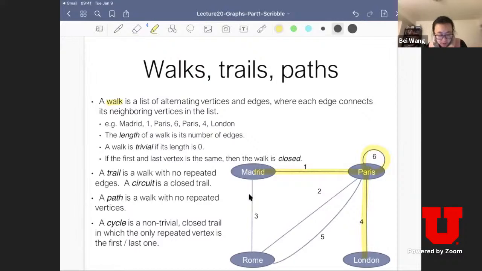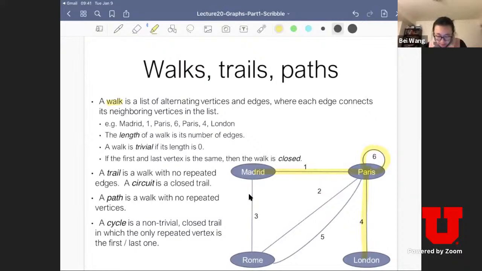The length of a walk is its number of edges. A walk is trivial if its length is 0. Finally, if the first and last vertex are the same, then the walk is closed.